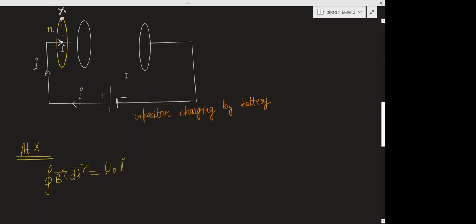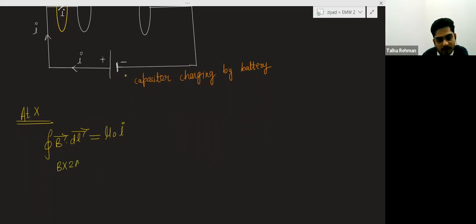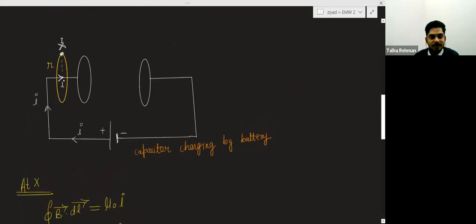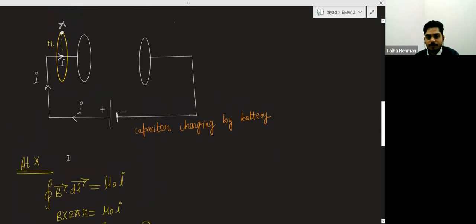So we can write this as B into 2 pi r is equal to mu naught into I. So the magnetic field at point X is equal to mu naught into I divided by 2 pi r. Suppose this is your equation number 1. Basically, this is the magnetic field at point X, which you have calculated with the help of Ampere circuital law.